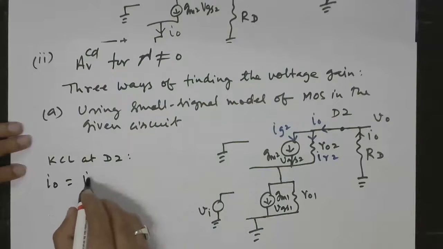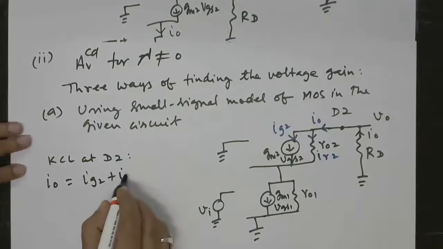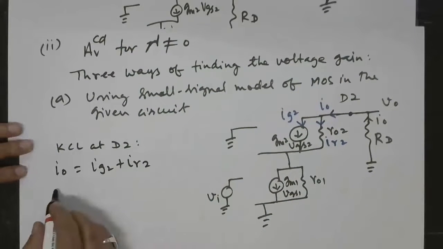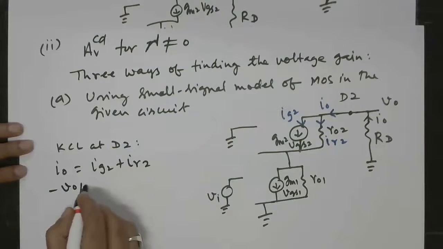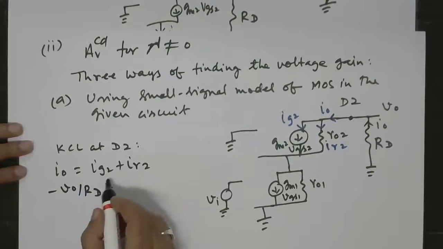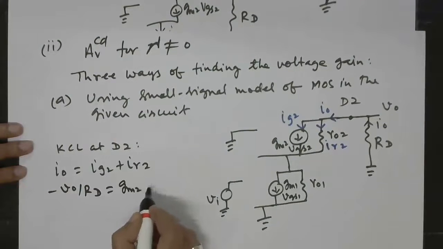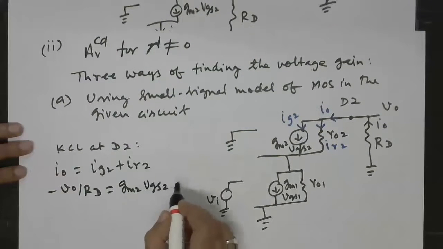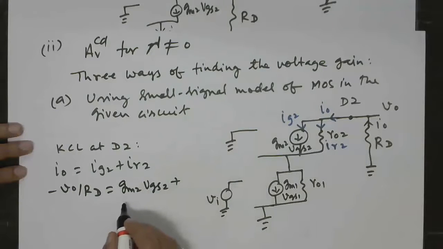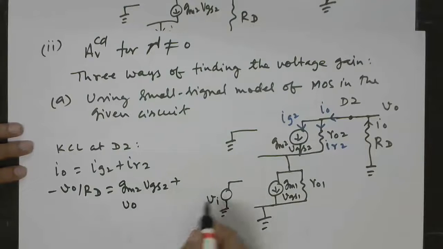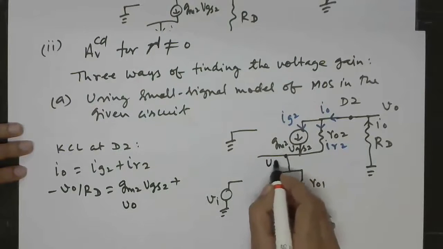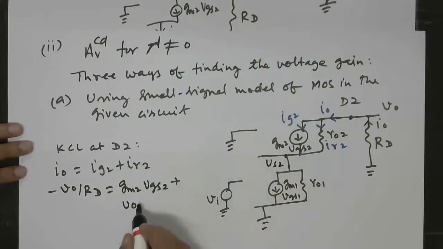So I0 will be equal to IG2 plus IR2, and I0 is minus VO by RD. IG2 is GM2 VGS2. IR2 is VO minus VS2 divided by RO2.